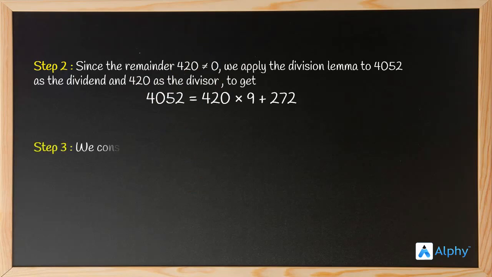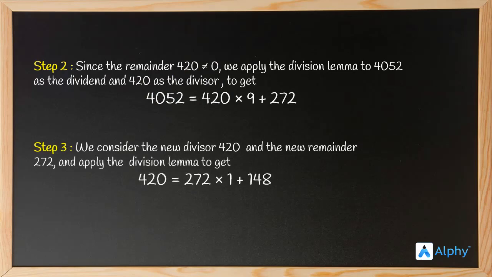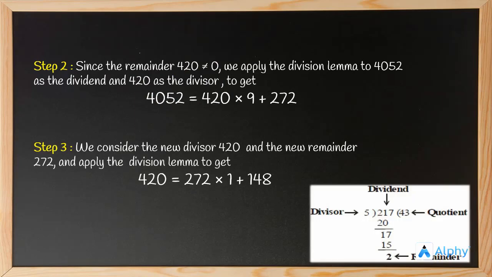So in step 3, we consider the new divisor 420 and the new remainder 272 and apply the lemma to get 420 is equal to 272 into 1 plus 148. Again, until and unless we get 0, we are going to continue with this lemma. We're going to keep applying it.